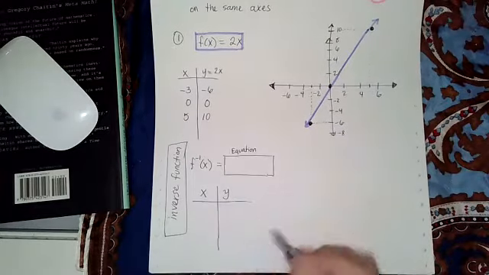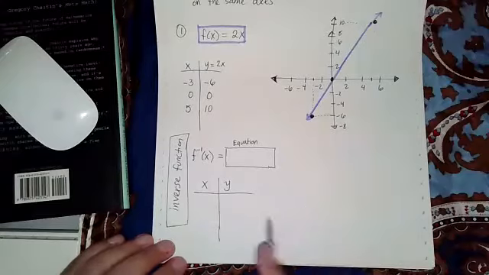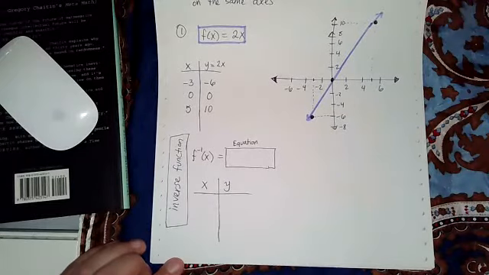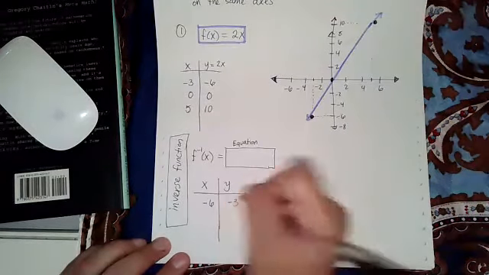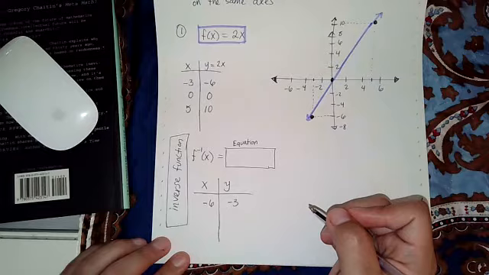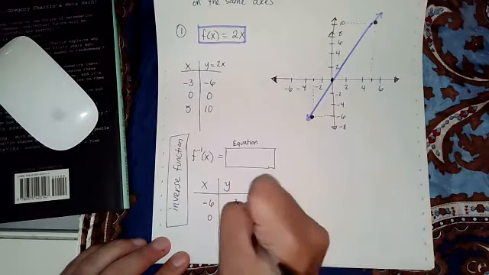So can anybody tell me what is one of the ordered pairs that belongs to the inverse function? -6, -3. Yeah, -6, -3. What's another one? 0, 0.